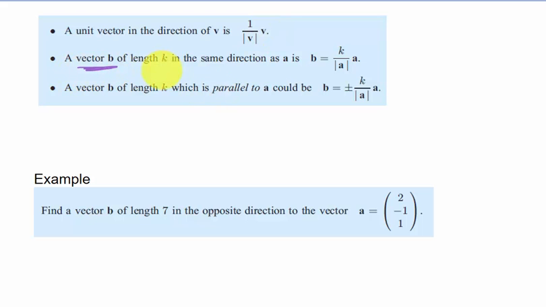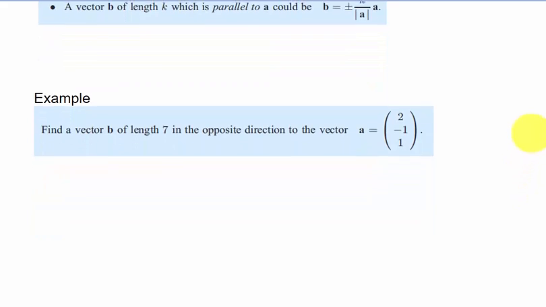So for example, if we have vector b and it has some length of k, and we know that it's in the same direction as another vector, then we would say b is equivalent to k over the absolute value of a times a. If a vector b in length is parallel, so that means that it has the same magnitude, but it could be going in the other direction, then the only difference here is that it could be plus or minus, because remember that's telling you direction.